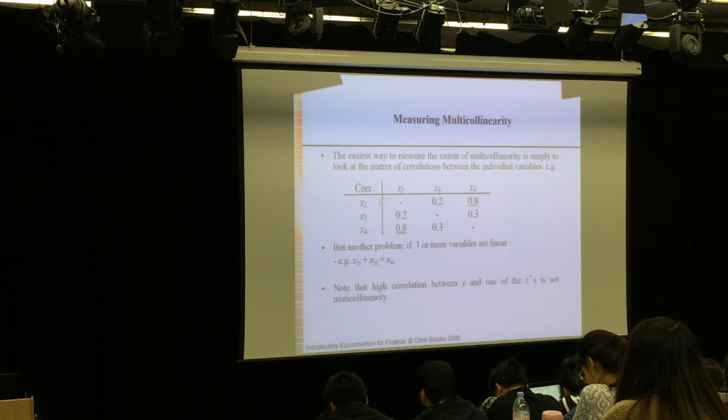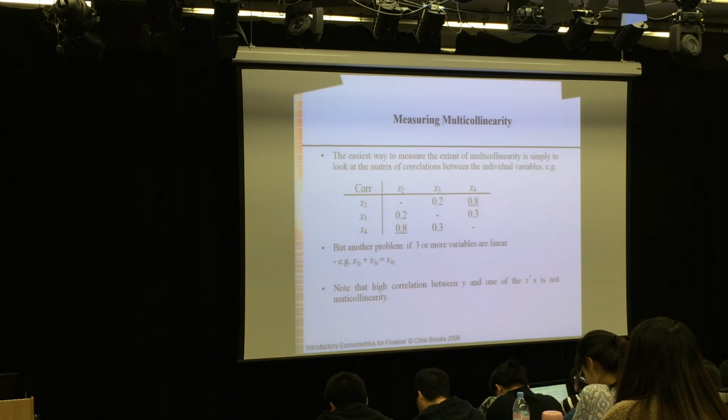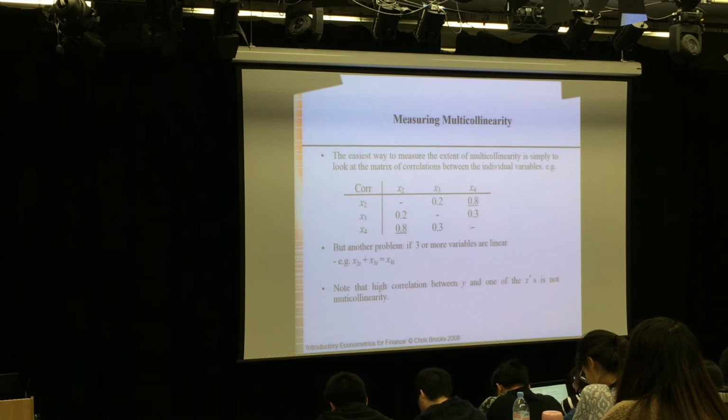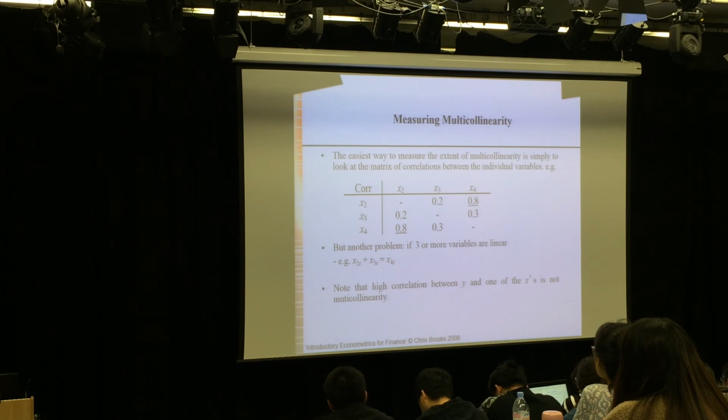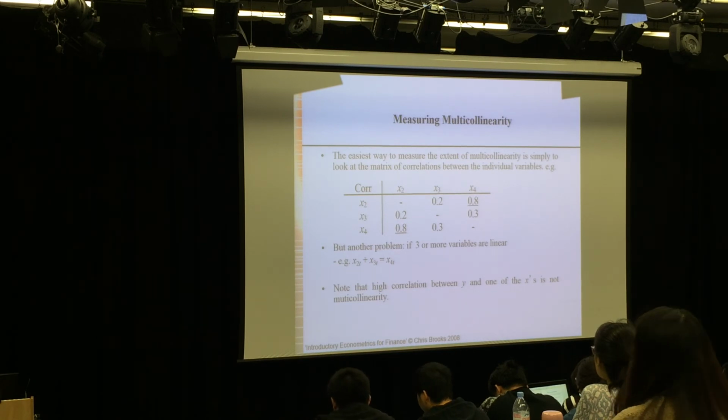So x2 has a correlation of 1 with itself, x3 has a correlation of 1 with itself, and x4 has a correlation of 1 with itself. Looking at this, we'd say, oh look, x4 and x2 have 80% correlation. So they're very similar factors, and we'd be aware that multicollinearity might be an issue there. Ideally, your factors should be orthogonal, which means they're not correlated to each other.